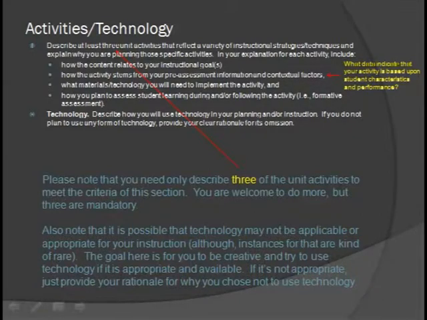You're going to list the materials and the technology that you're going to need to implement the activity. And then you're going to talk very briefly about what the formative assessment is going to be, because remember, these activities are all within lesson plans. We are defining the assessment that happens in the lesson plan as formative. So you're going to be describing the assessment that is necessary to make sure that the kids have actually grasped this.